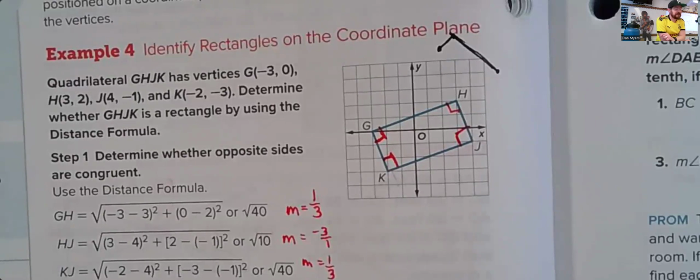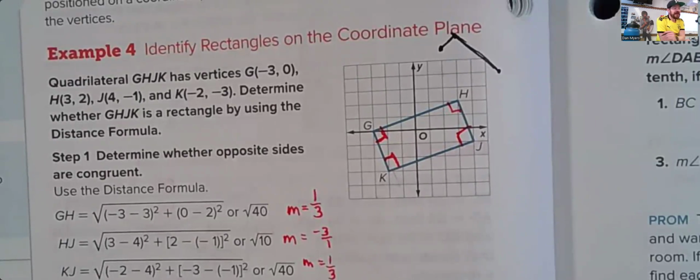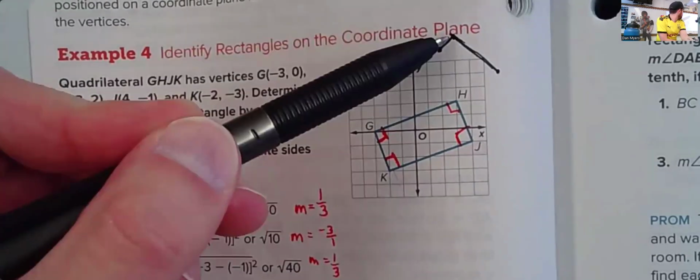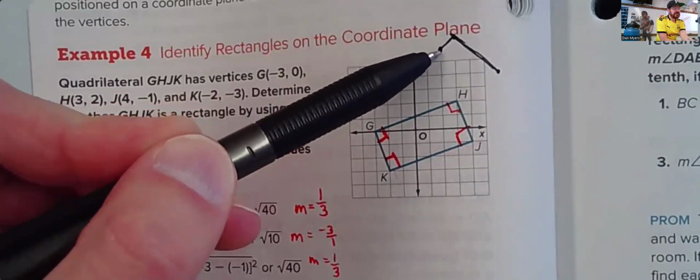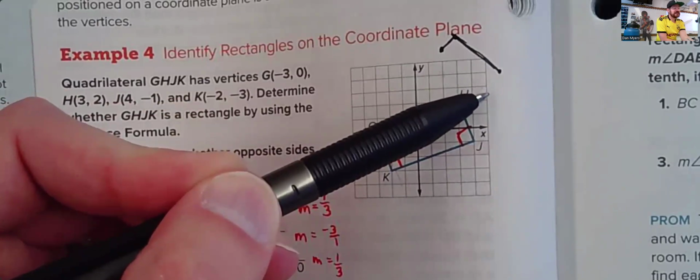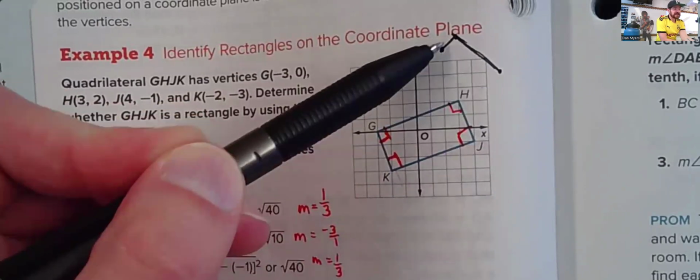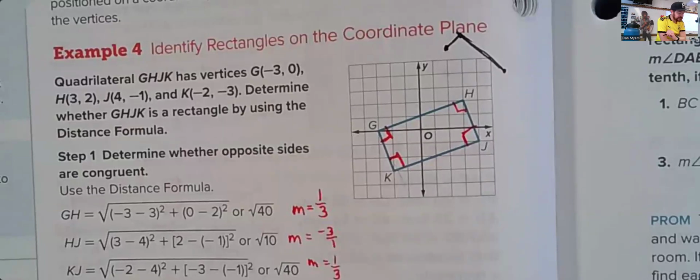What do you think? Would you agree that the distance between, here's point B, or I guess the way to get from B to A would be the same as to get from C to D? Does that make sense?